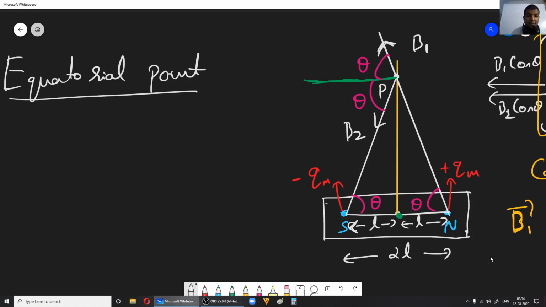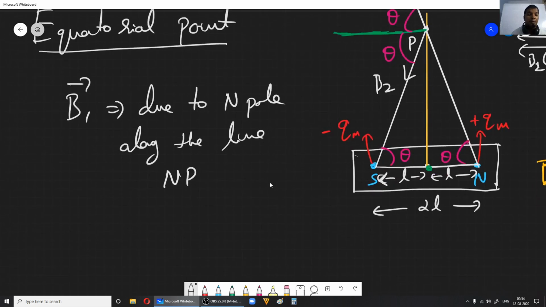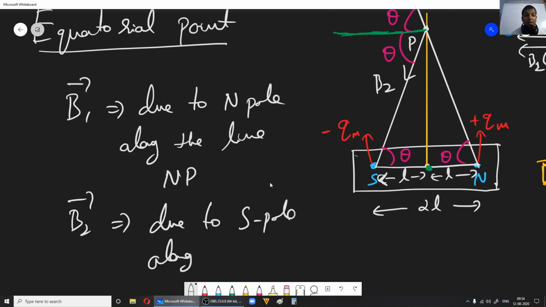Now let us get an expression for B1. B1 is due to North Pole and along the line NP, where N is the North Pole, the same point we are considering here. B2 is due to South Pole and along the line PS.